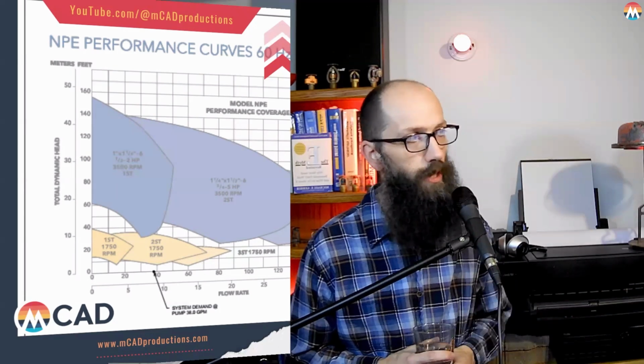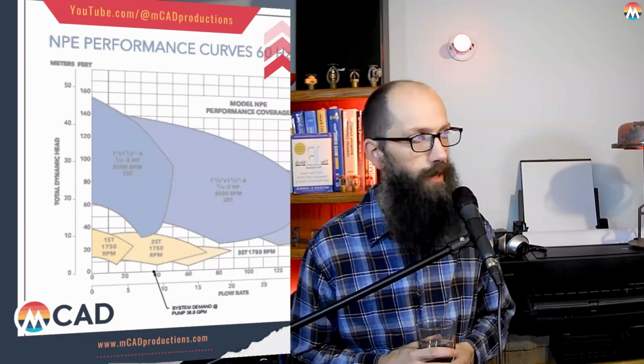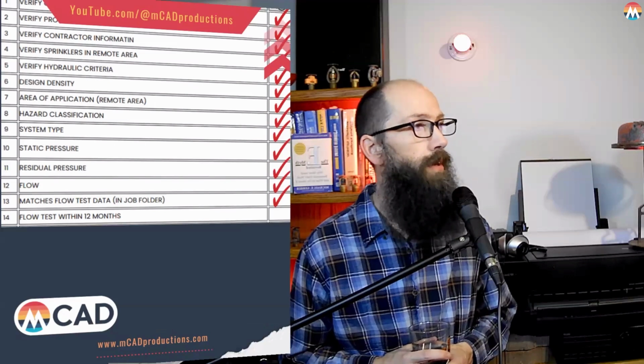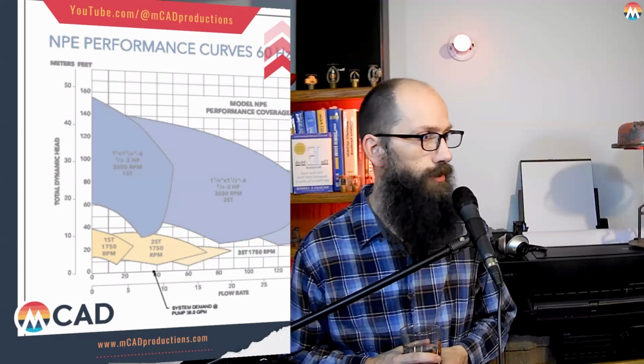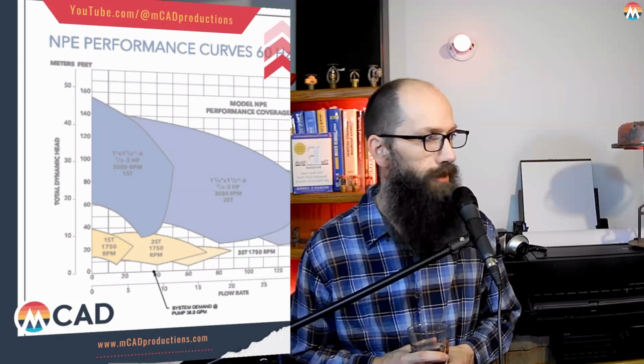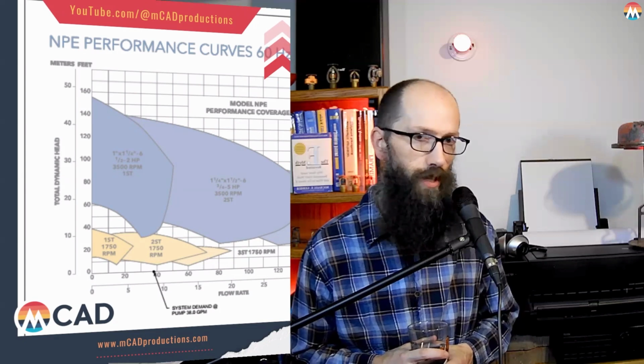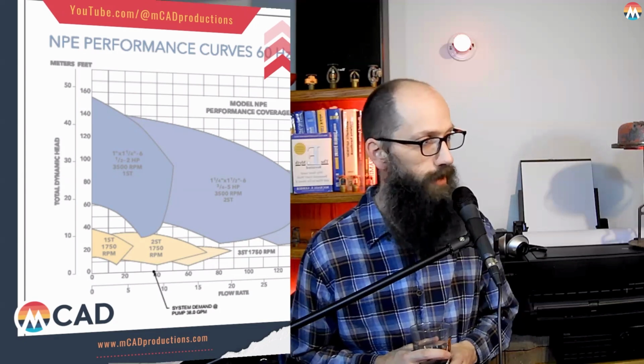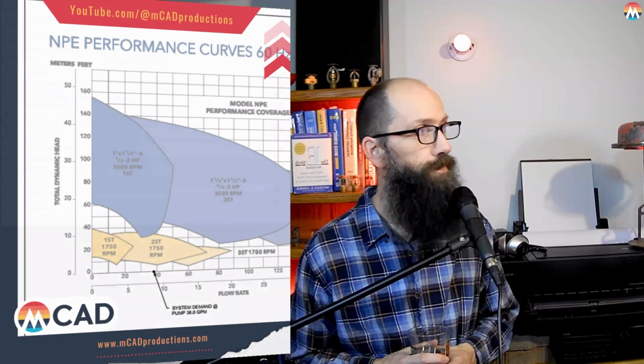So we've got zero head. It's going to pull 38 GPM out of there all day long. 38, you'll notice, is a higher number. I can't remember what we were calculating on that one. I think we were using extended coverage sidewalls. That's why it's such a higher GPM.